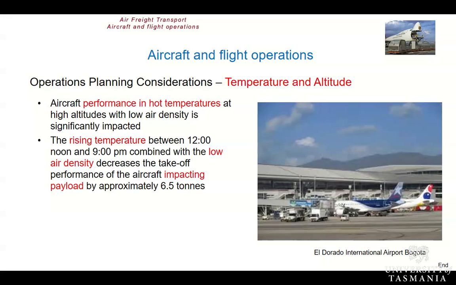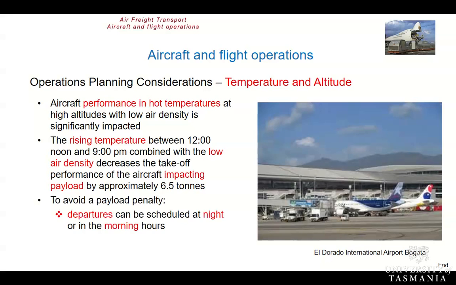In some of those places, Bogota for example, probably Nigeria, most of the air cargo flights are limited to between 12 noon and 9 p.m., which is the hotter time of the day, because indicatively you could lose up to 6.5 tonnes of payload if you're travelling during that period.